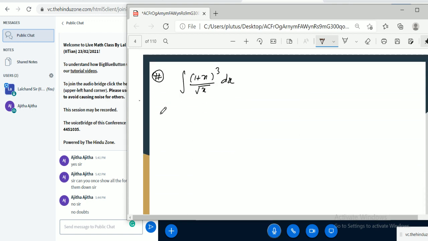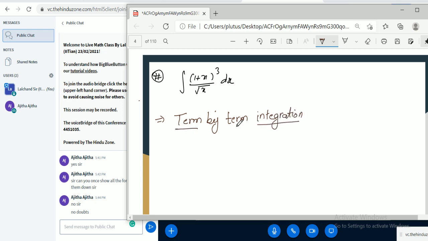Whenever we have a complex function, we use term by term integration. What is that supposed to mean?